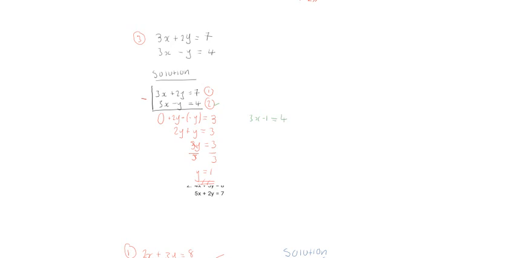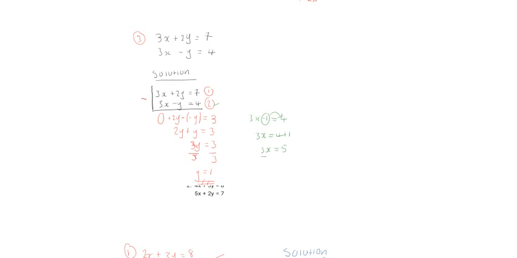Okay, grouping like terms, 1 crosses the equal sign, the equation becomes 3x is equal to 4 plus 1. So 3x is equal to 4 plus 1 will give us 5.